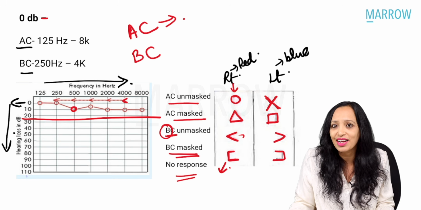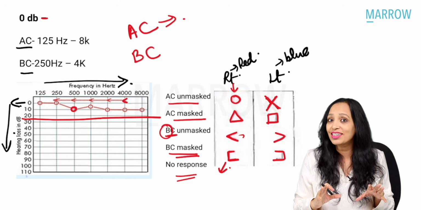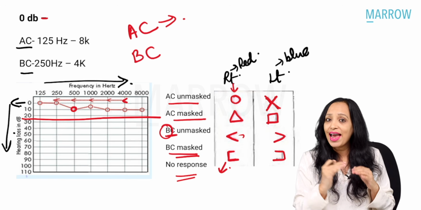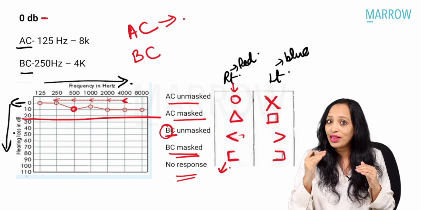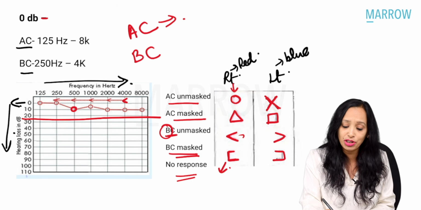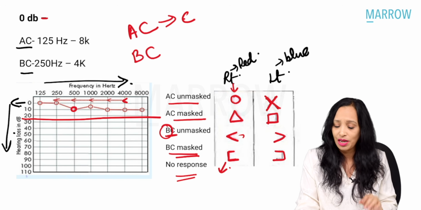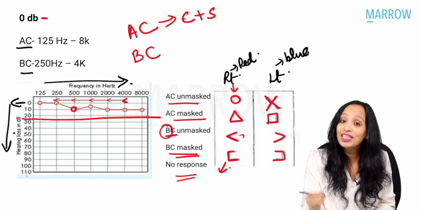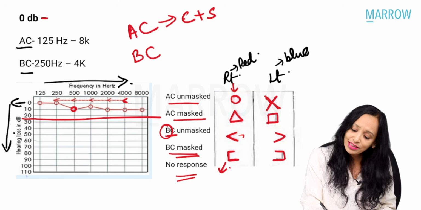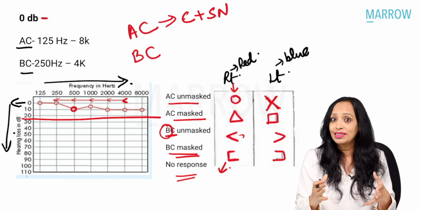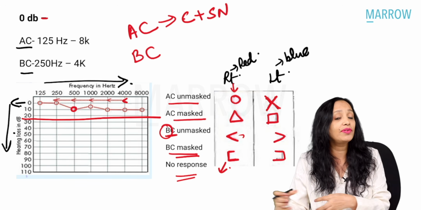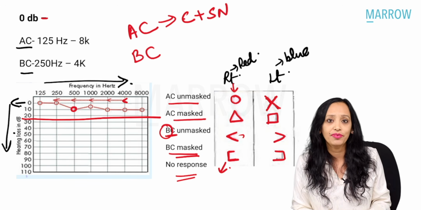That is what is air conduction, which means that air conduction, the sound goes through the air and it is a measure of all the pathways, which means it is a measure of the conductive pathway. Conductive pathway means from the pinna till footplate of stapes, plus sensory pathway, that is the inner ear, plus the neural pathway. So it tells you about the whole pathway, the conductive as well as the sensorineural pathway.